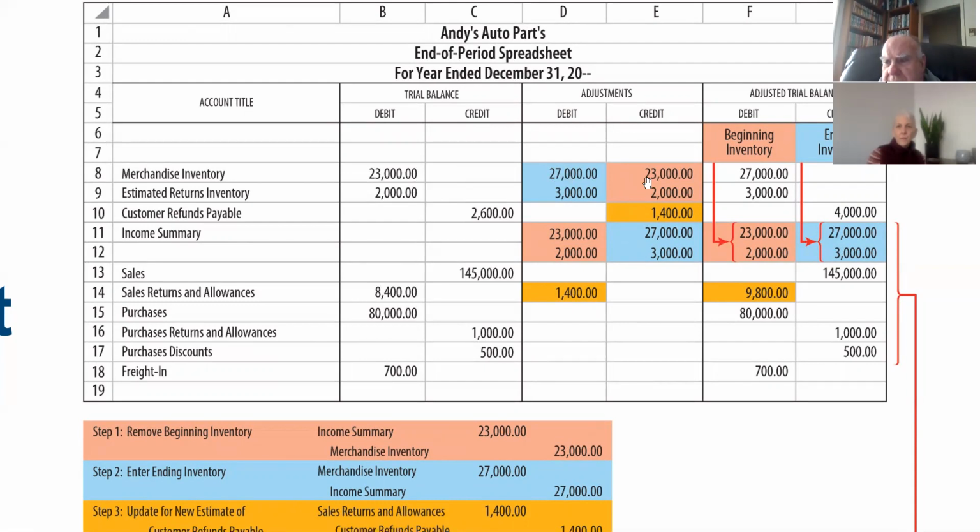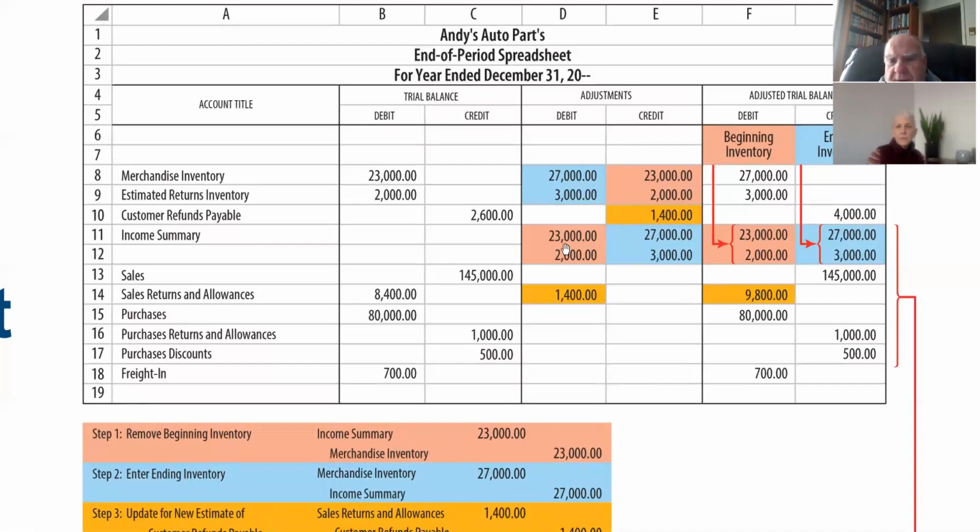Out with the old, right? Credit inventory for 23,000 and debit income summary. Out with the old. So at that point, the balance of the merchandise inventory is zero. Now in with the new. We just counted the inventory. It's $27,000.